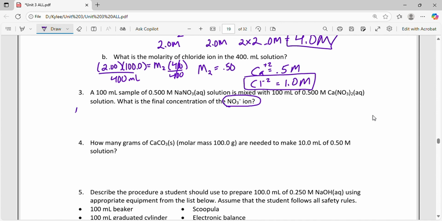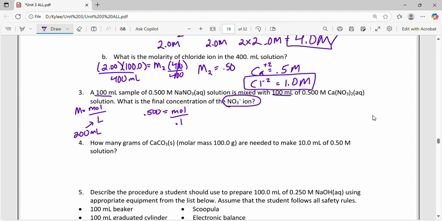So remember, concentration is moles per liter. Well, we know that the solutions are being combined. So we're adding 100 mL and 100 mL. So the volume is going to be 200 mL. What I need to figure out is how many moles this is going to end up being. So for the sodium nitrate solution, I need to figure out how many moles this is.